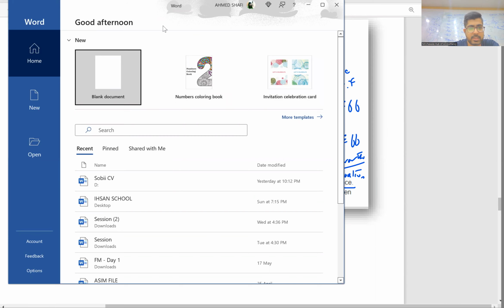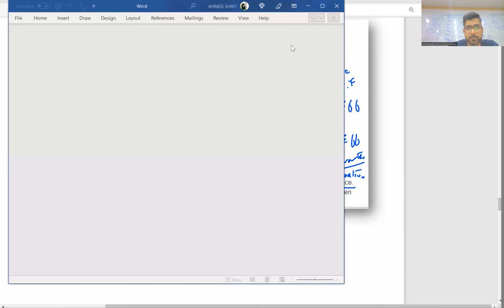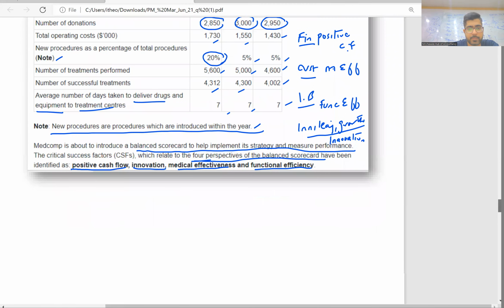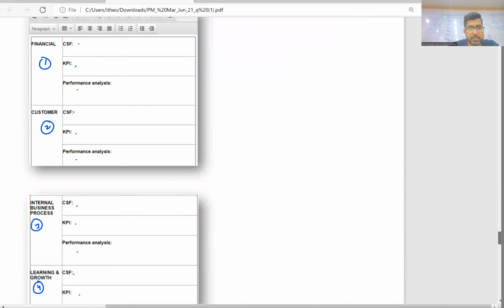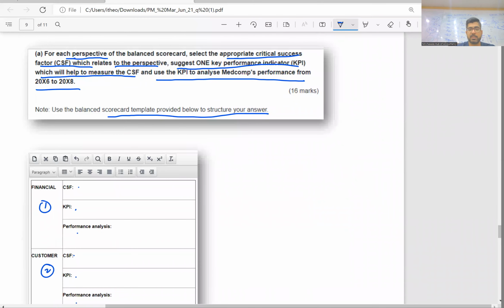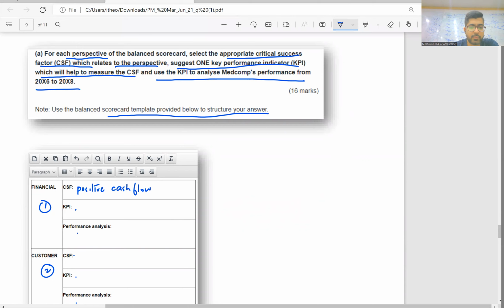Now let's just discuss this answer. You have to use this template provided. So the requirement is, for each perspective, select the appropriate critical success factor. So critical success factor for financial, we have written positive cash flow.